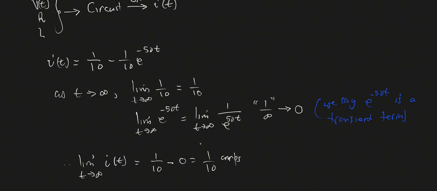And whenever your current approaches a non-zero constant, we refer to that constant as the steady state current.